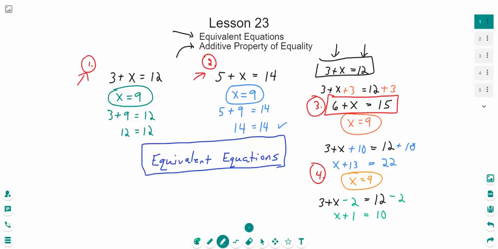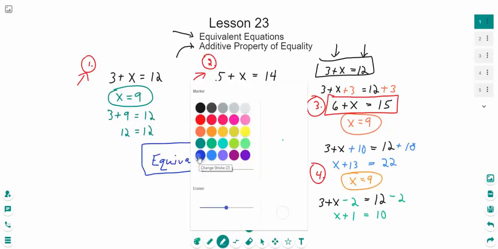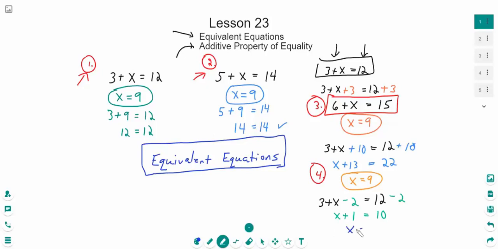And once again, if you kind of think about that, you'll recognize that x has to equal 9. 9 plus 1 is 10. So you can see where we've added things to both sides, we've subtracted things from both sides, and lo and behold, we still get the same solution. All right? And the reason that's possible is through this additive property of equality.